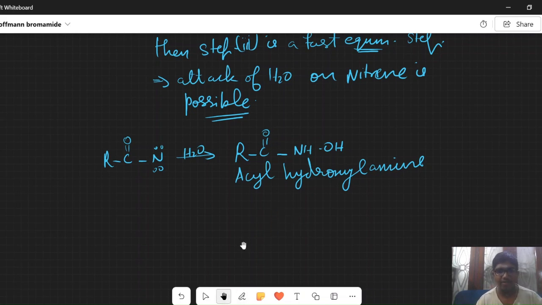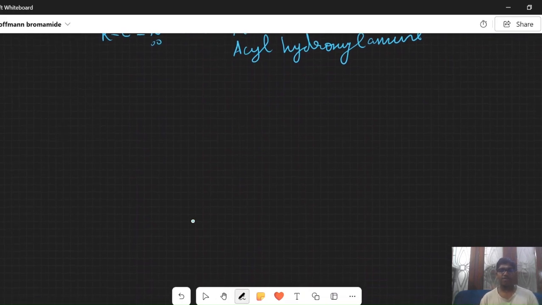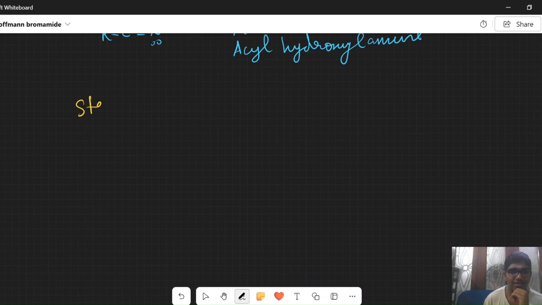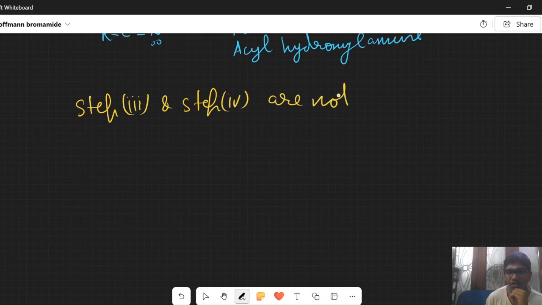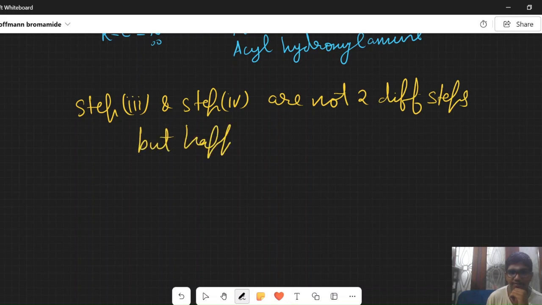Let me move even further. I'll write it here. This is a very great discovery, for understanding rather, that step 3 and step 4 are not two different steps but happen in one go.